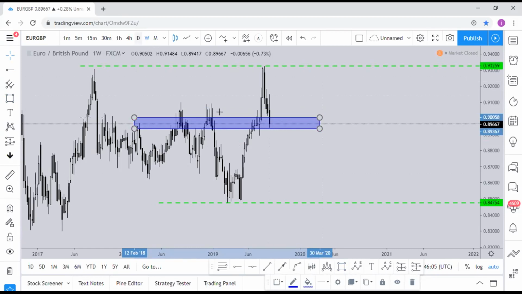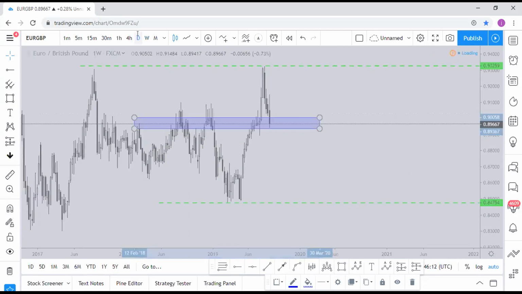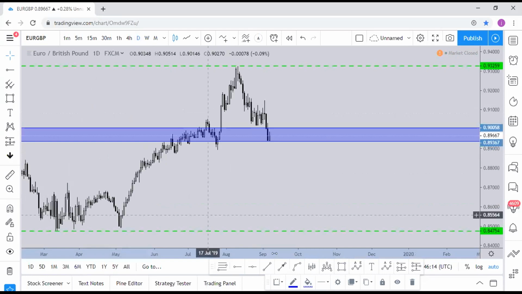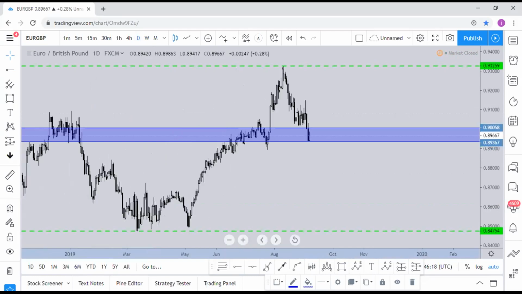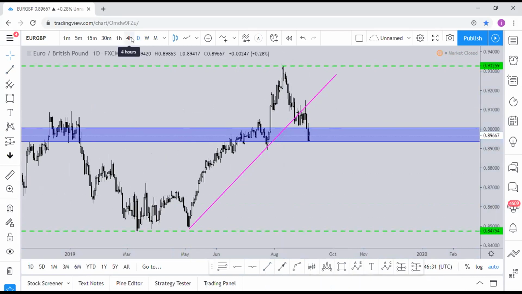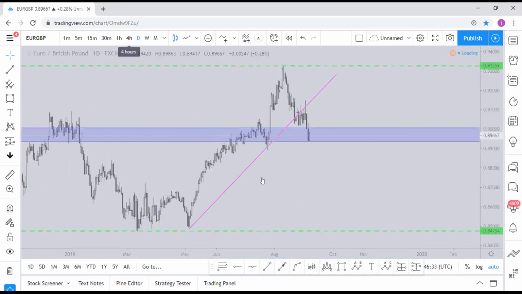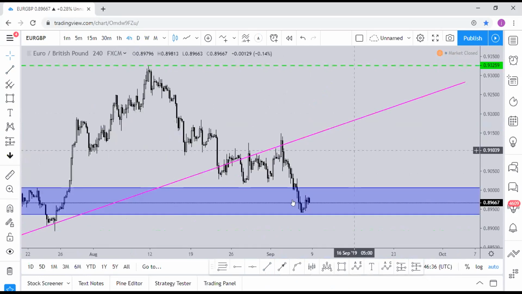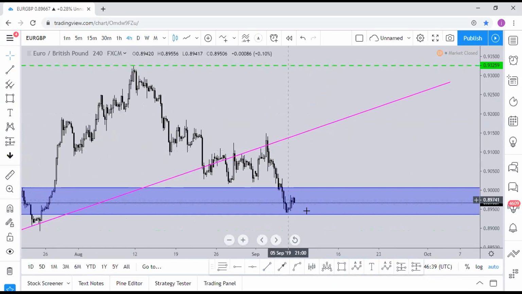So you're saying since it broke it, you were expecting a retest there. And the daily shows where it kind of broke the trend line and retested already. Perfect. And the flag is already starting now.